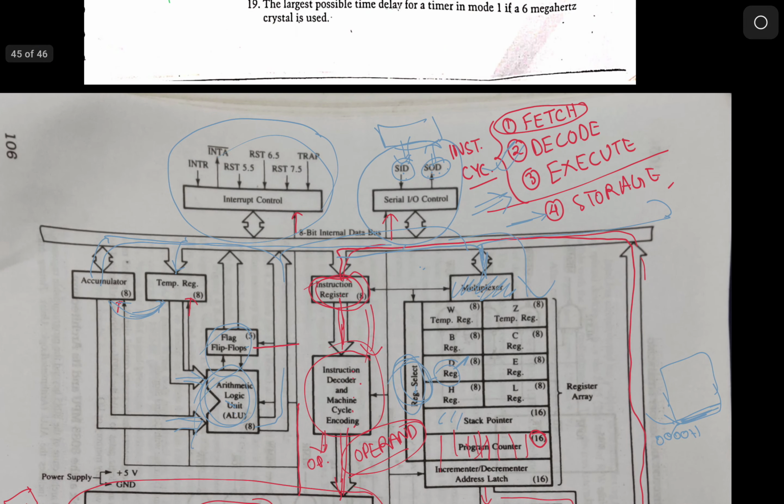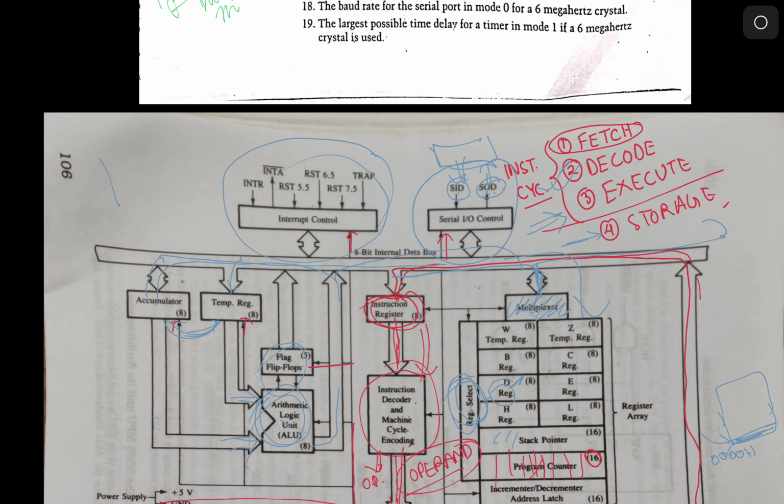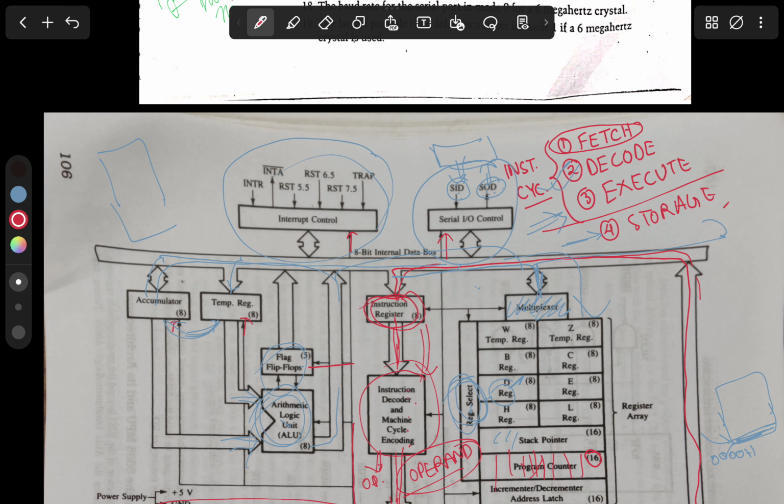An interrupt is a kind of signal which is used to break the sequence of instructions. So for example, let's suppose this is the memory location and it stores the instructions.